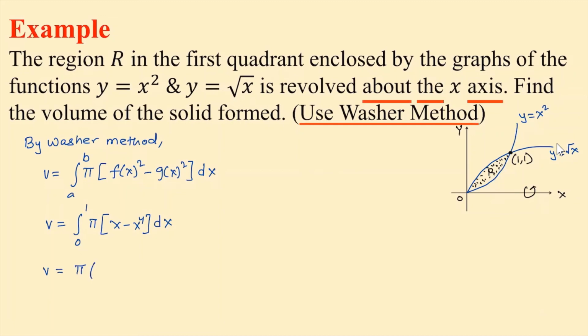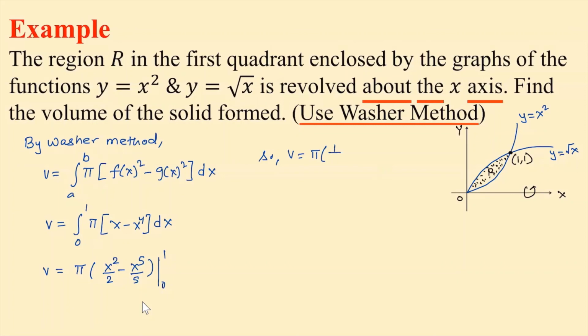Pi is a constant as it is. The integral of x is x squared over 2, minus the integral of x to the 4, which is x to the 5 over 5. And we need to evaluate this between 0 and 1. So volume is equal to pi times, if we plug 1 into this expression, it will be 1 squared, that's 1 over 2, minus 1 raised to 5, that's also 1, so 1 over 5.